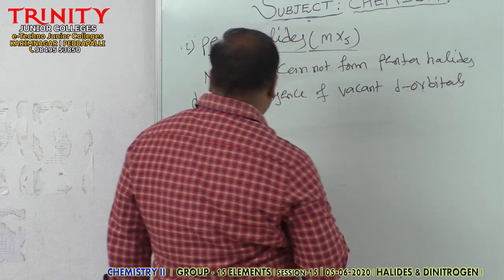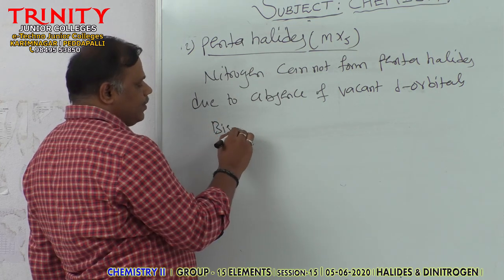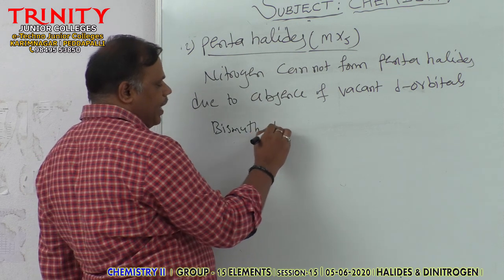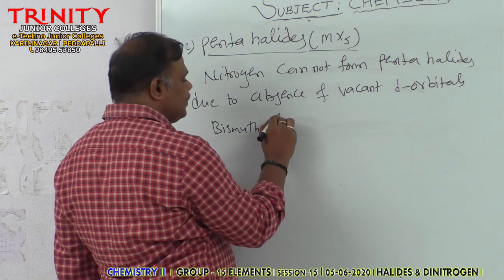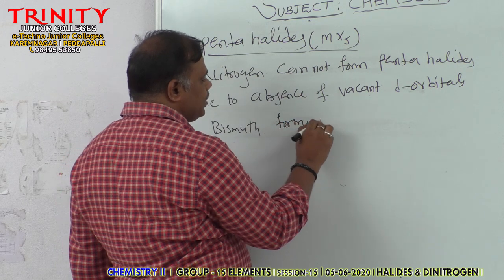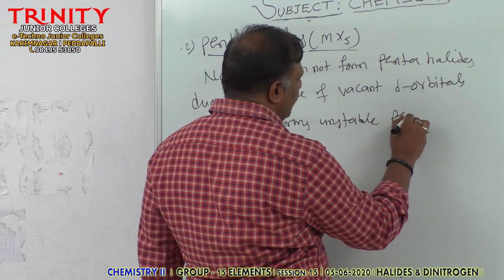Bismuth forms unstable pentahalides due to the inert pair effect.